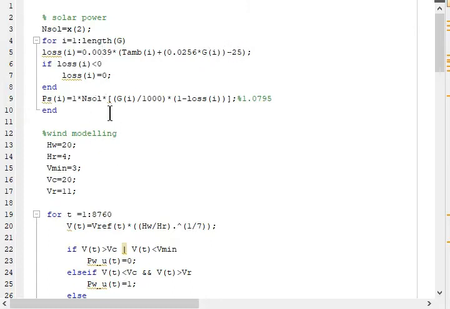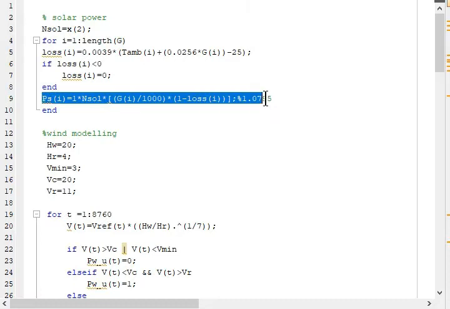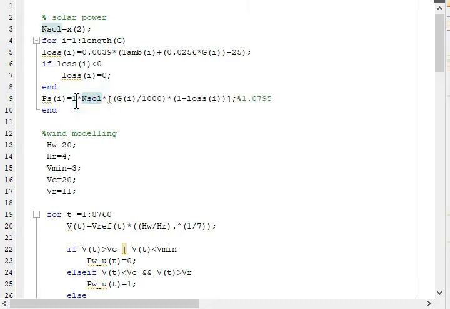That will be the loss. If the loss is below 0, then it should be set to 0, because otherwise it would be minus a positive and the output of the PV cell would be wrongly calculated. So PV is equal to the number of solar panels times the output power of a single PV module, which is 1 kilowatt, so I have written 1 here. Previously it was 1.0 something at the start, so I removed it.